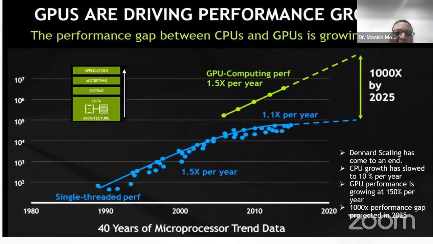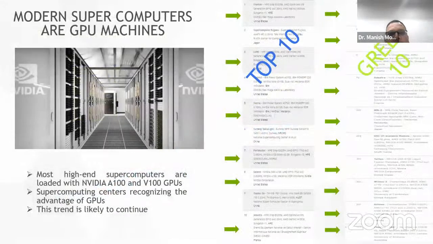And now we are again seeing significant performance gains, more than 1.5x per year with GPUs. It's a mix of hardware innovation as well as ecosystem development. New software and new algorithms are coming, and we are seeing continuous speed up in this direction. We are expecting 1,000 times speed up by 2025, right? So that's where GPUs came into the picture.